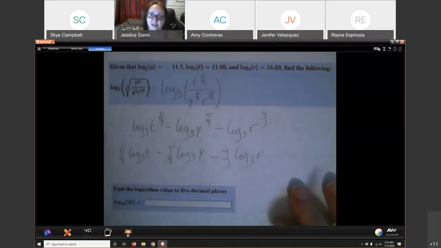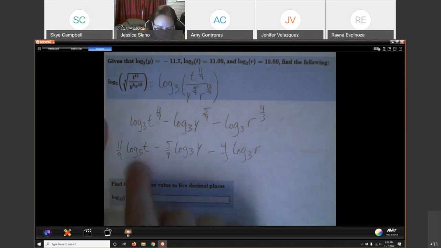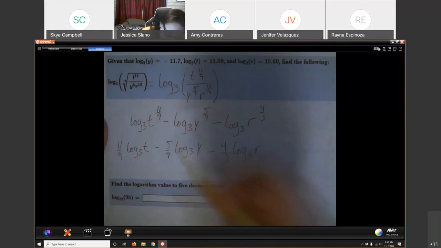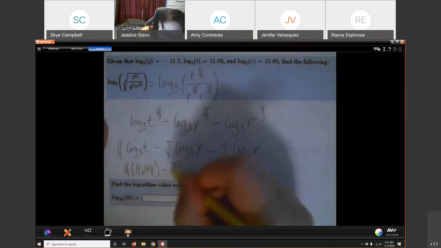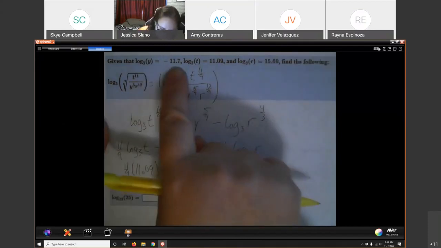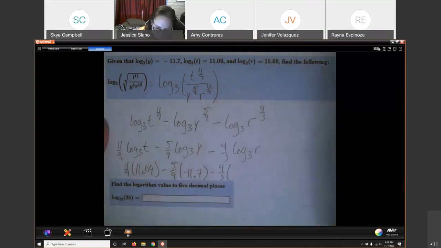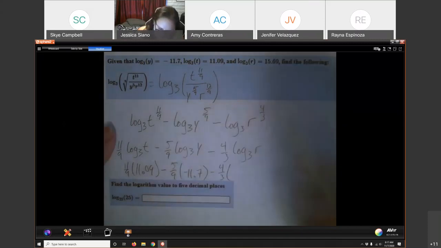And now again, just like in the problem above it, I'm going to replace what I know. Log base 3 of t is 11.09. Log base 3 of y is negative 11.7. Log base 3 of r is 15.69.